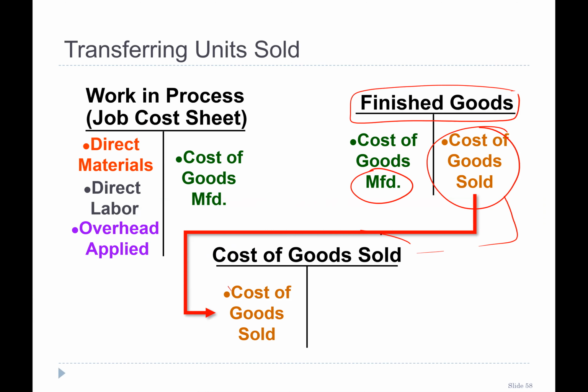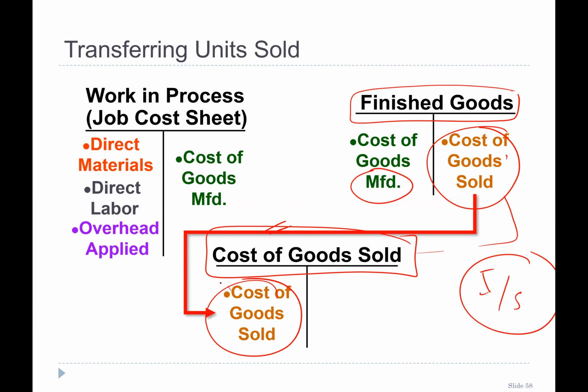Special name is cost of goods sold, which is a part of income statement account, right? So when goods are sold, they are transferred to our income statement account, which is cost of goods sold. So that cost will go to the cost of goods sold. And the balance is our inventory that will remain in our balance sheet under finished goods, right?